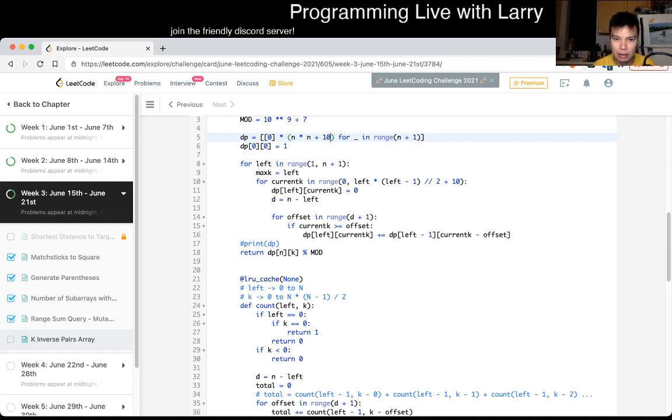Let's just do it. I want to get it right. I don't know why this is. That's weird. Why is that wrong though?